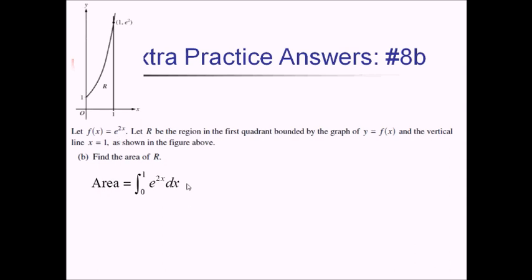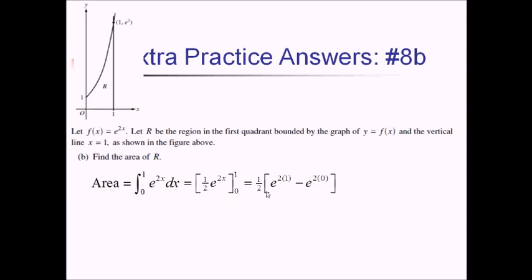I have to do this one by hand, though. This is a no calculator problem. So if I integrate this, take the antiderivative, this is going to be, let's see, e to the 2x divided by 2. So 1/2 times e to the 2x, evaluated from 0 to 1. I'm going to yank out this 1/2, and inside I'm just going to have e to the 2 times 1 minus e to the 2 times 0.